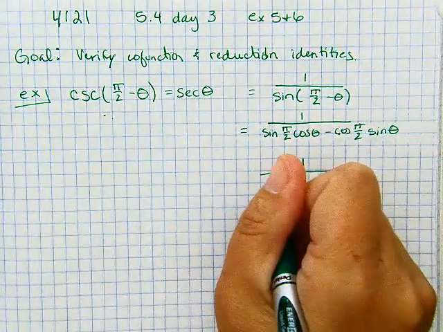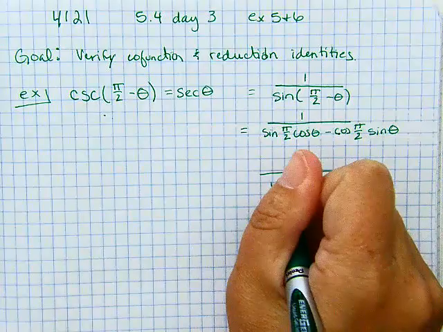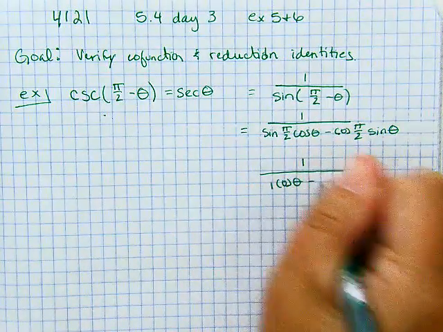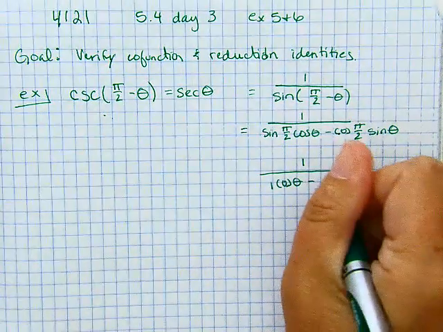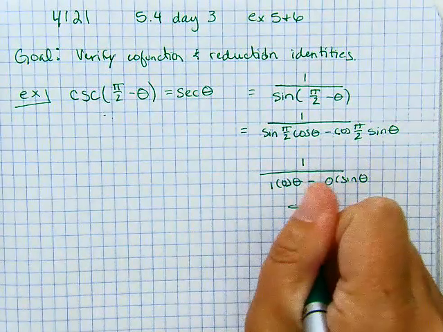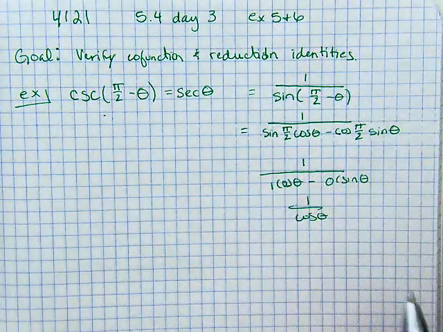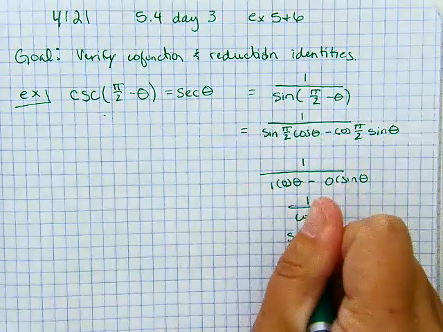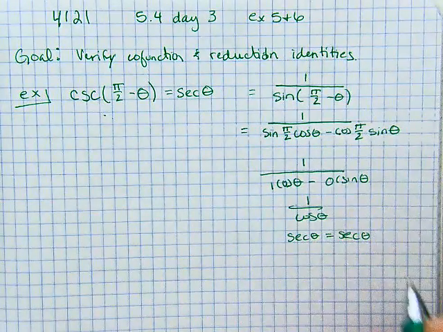Sine of pi over 2 is 1, so we get 1 times cosine of theta. And cosine of pi over 2 is 0 times sine of theta. This turns into 1 over cosine, which is, oh, that's right, it's secant. So we get secant of theta equals secant of theta.